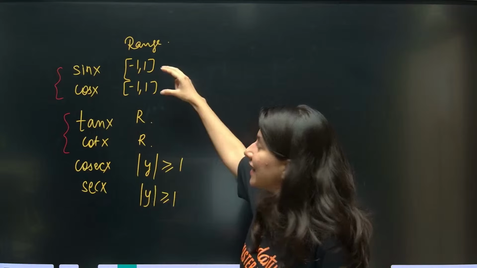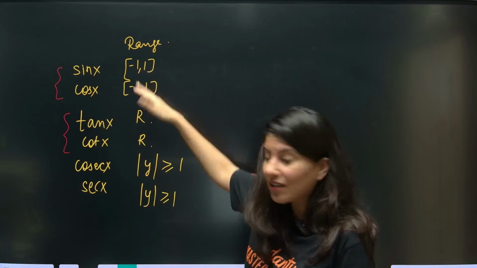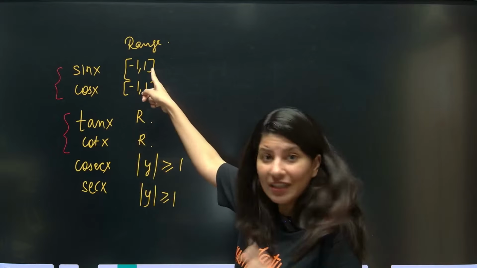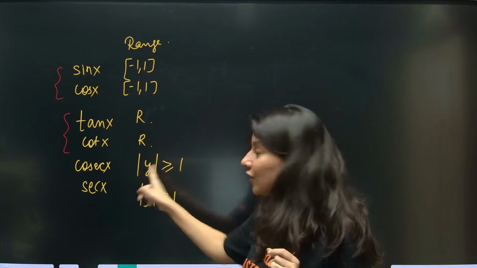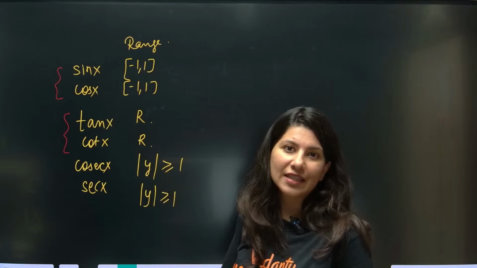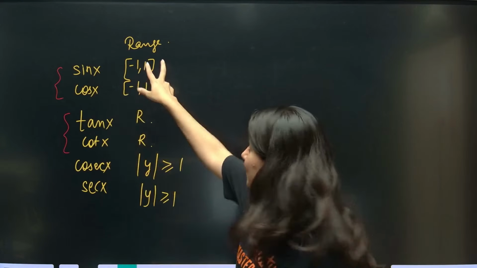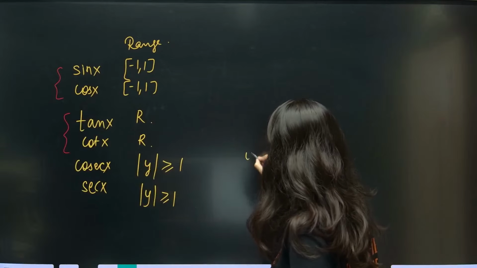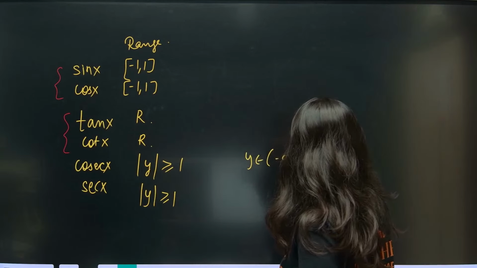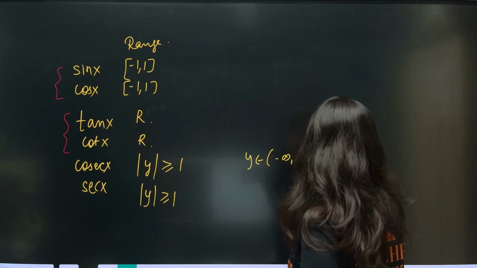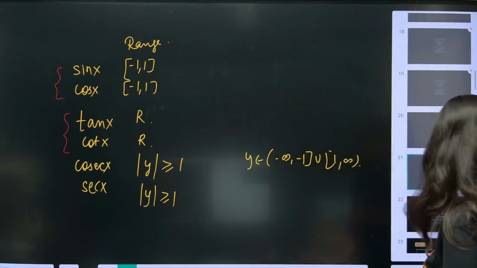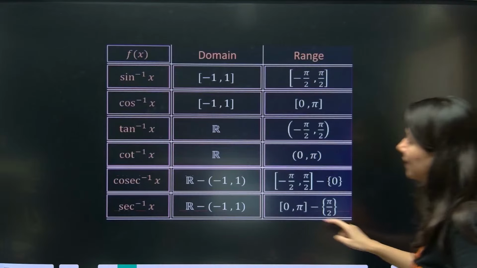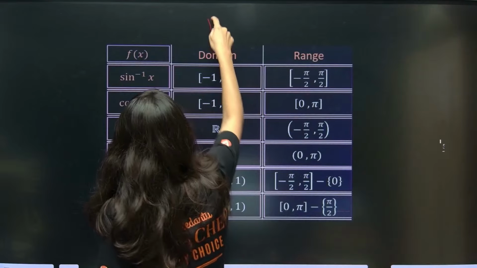The area that sin x and cos x leave, cosec and sec will pick. 1 to infinity is not allowed in sin x, but 1 to infinity is there in cosec, and vice versa. -1 to 1 we are not taking. So y belongs to -infinity to -1 union 1 to infinity.